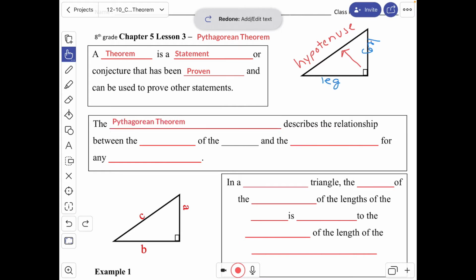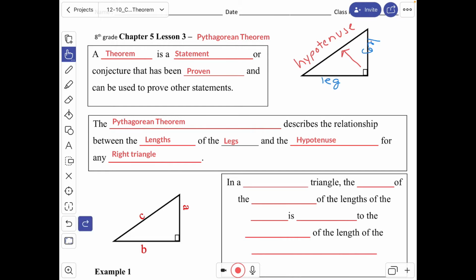And the Pythagorean theorem describes the relationship between the lengths of the legs and the hypotenuse for any right triangle.